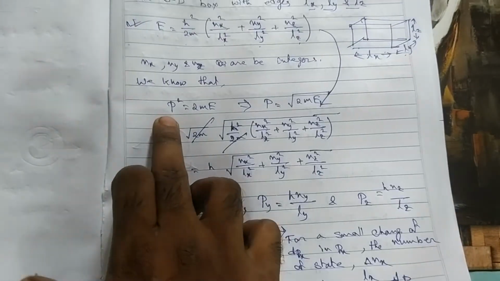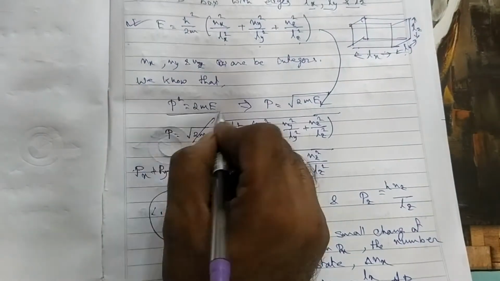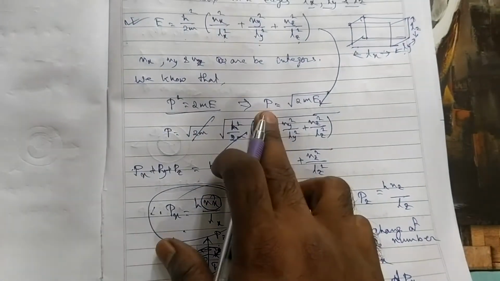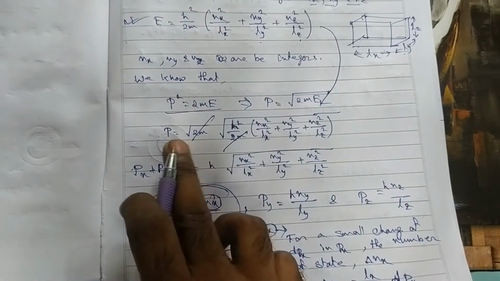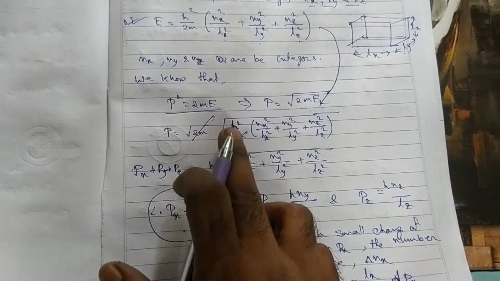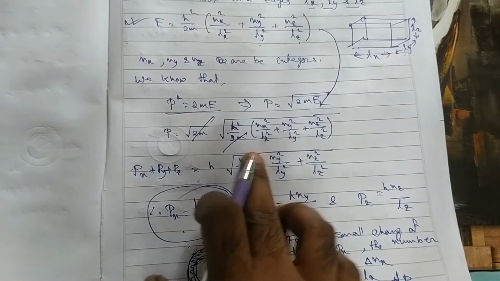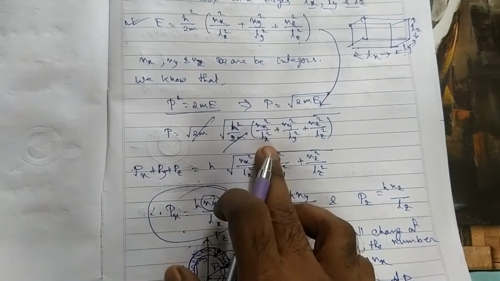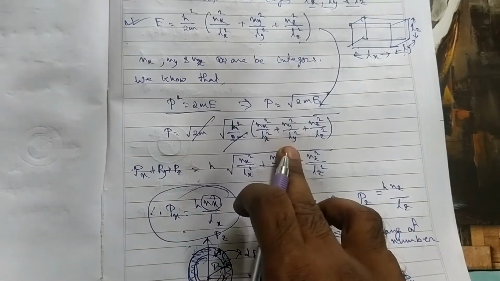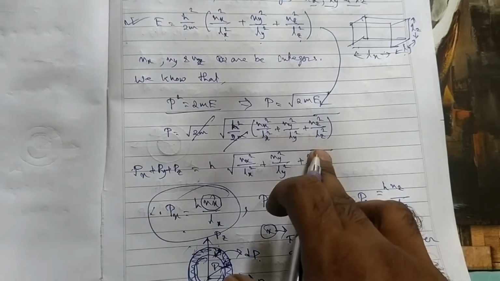We have the equation for energy and momentum: E equals p square by 2m. So p is equal to root under 2mE. Putting the value of E from here, p equals root under h square by 2m times nx square by Lx square plus ny square by Ly square plus nz square by Lz square.